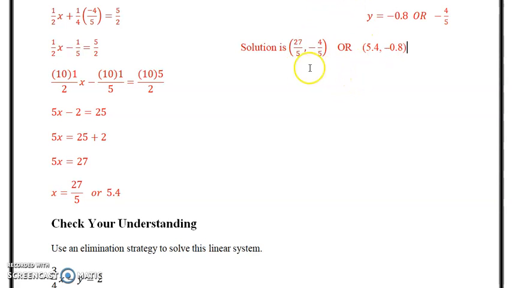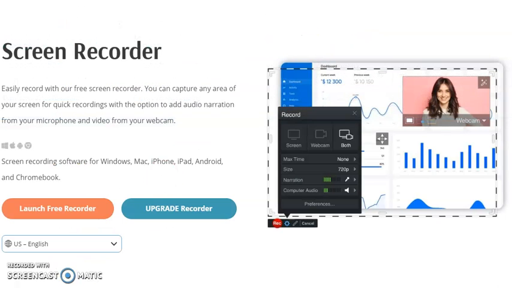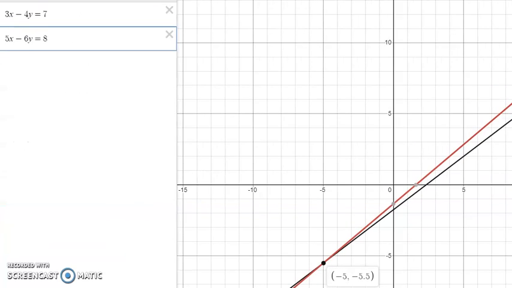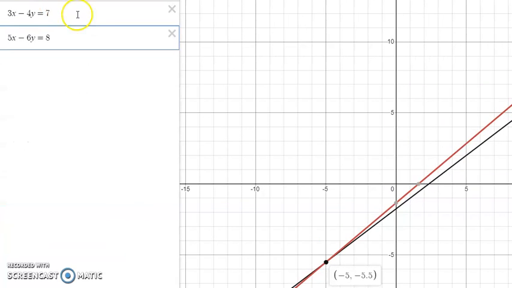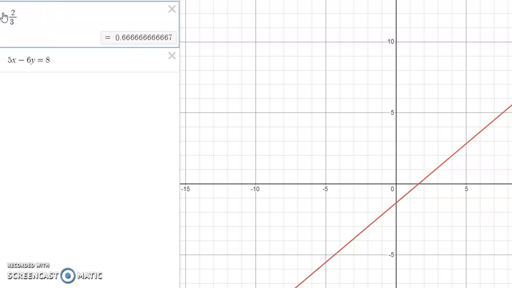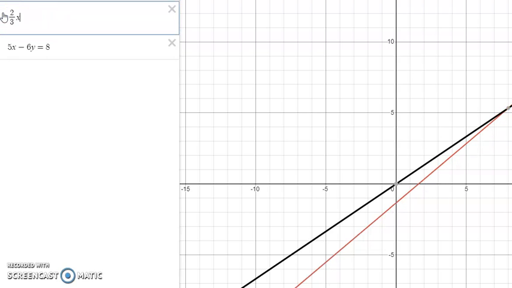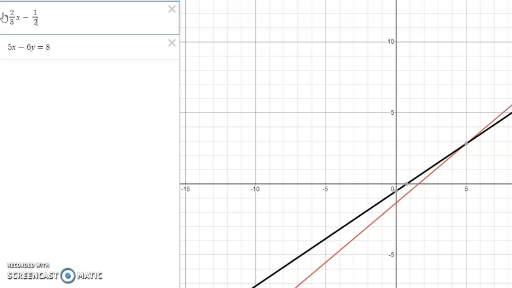Now you want to do a quick verification. Let's show you the Desmos program that I do enjoy. We open up our Desmos, and we put the original equations in: 2/3 x minus 1/2 y equals 4.